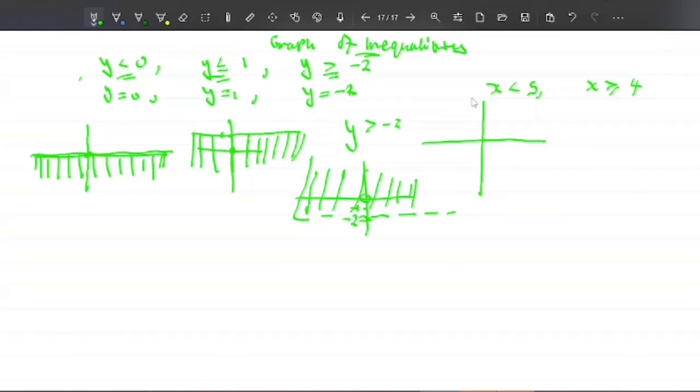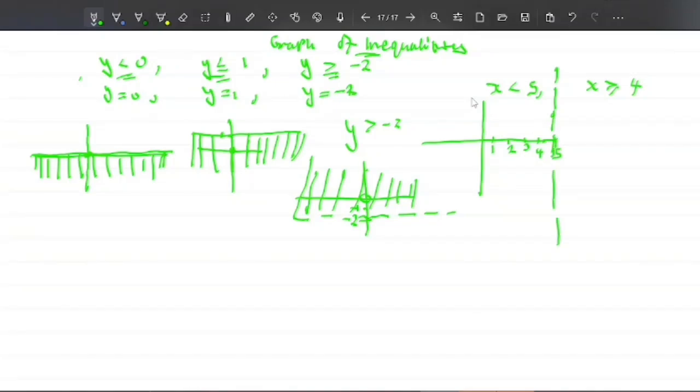After that, you locate your point 5, that is, you equate x to 5, forgetting the inequality sign. It's just the same process, with a little difference. Since it's less than, it's going to be a dashed, broken line that passes through the point 5.